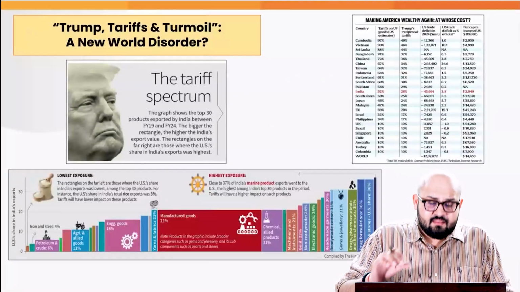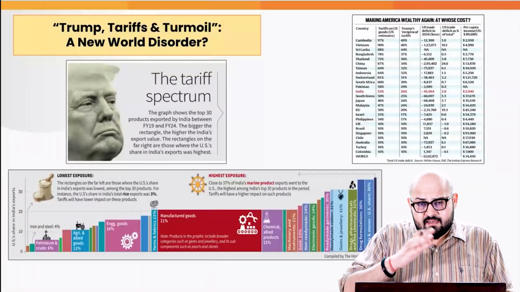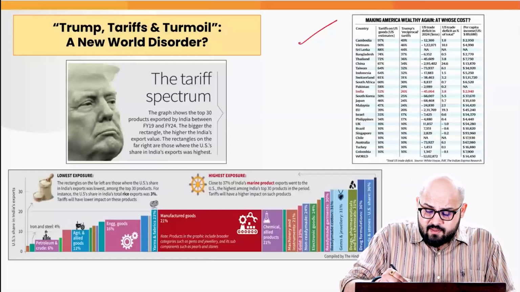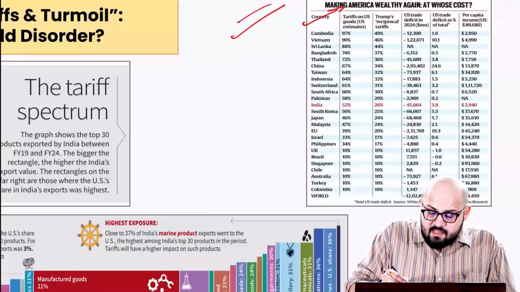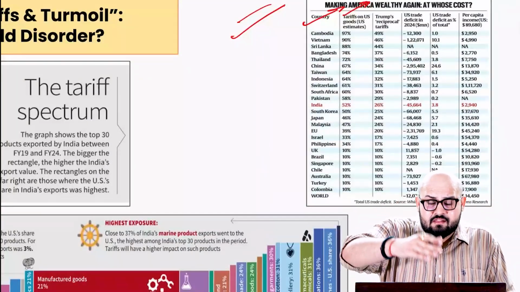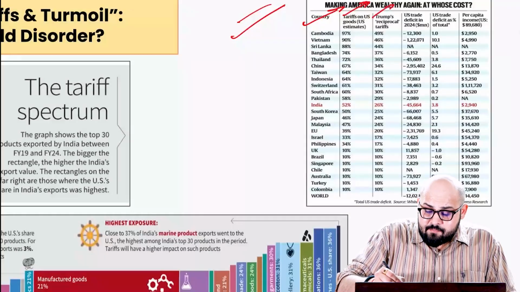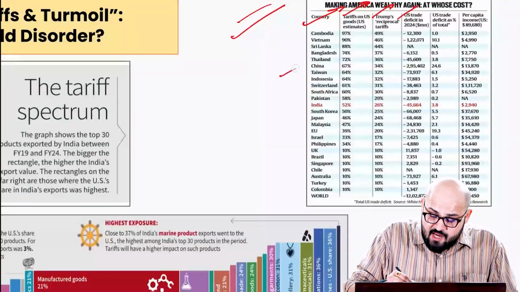Now, in the present case, this is a very beautiful infographic provided by the Indian Express as well as The Hindu. In this very first chart, you can see that we have different countries, the tariffs these countries are imposing on US goods, Trump's reciprocal tariffs, and the US trade deficit. Take, for example, China.